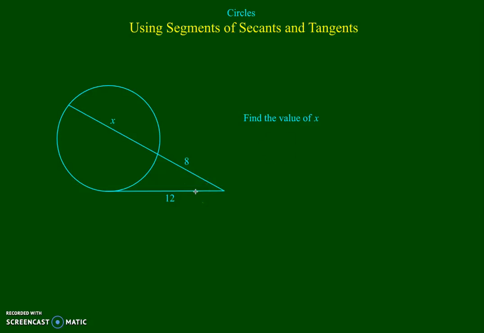So starting this off, we know that x plus 8 times its external piece, 8, equals 12 squared. So 8x plus 8 times 8 is 64 equals 144. 144 minus 64 is 80, so 8x equals 80, and x equals 10.